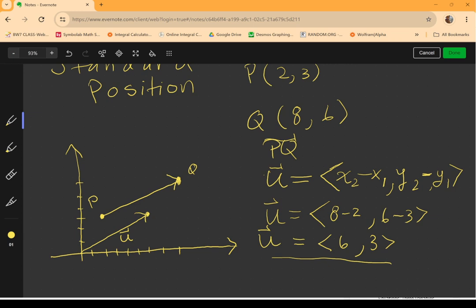This helps us standardize the whole vector process, because knowing that we're dealing with position vectors, we can start to define quantities like adding vectors and subtracting vectors, and I don't have to worry about where they are in the coordinate system. Even though vector u can be present in different places in our coordinate system, it would just be labeled differently, defined by the points, whereas here we're strictly defined in standard position. So we're able to compare it to other vectors or perform operations using other vectors as well.